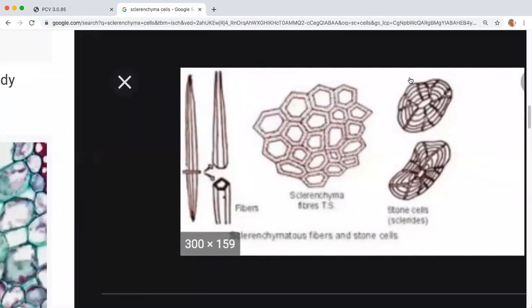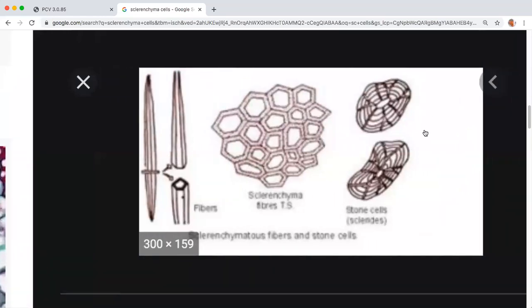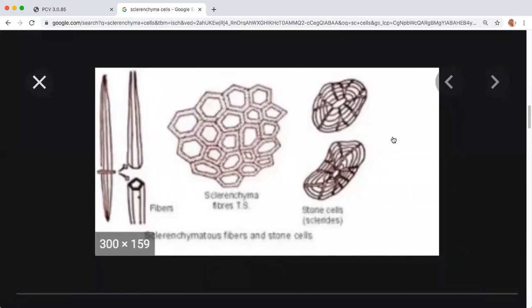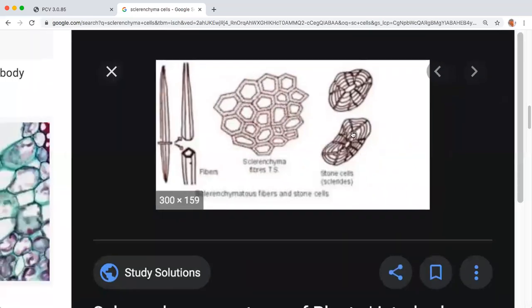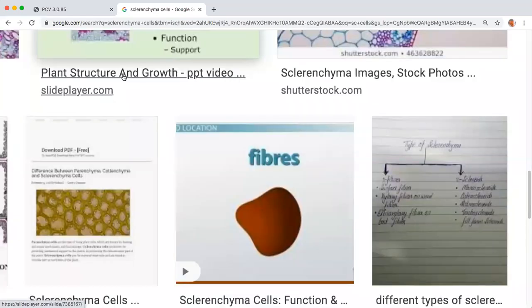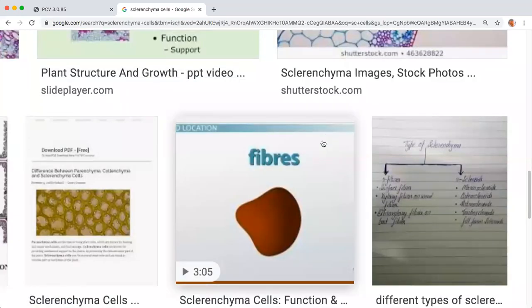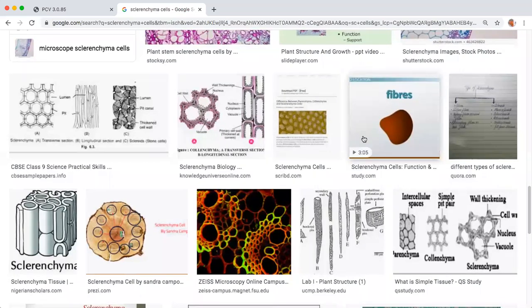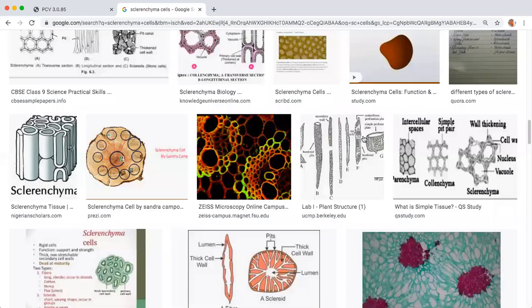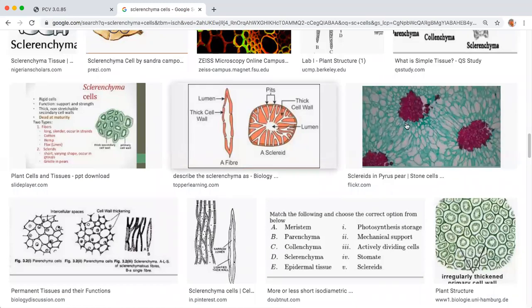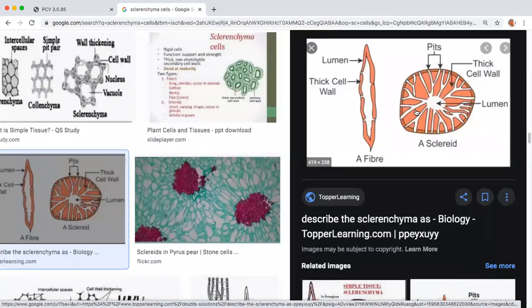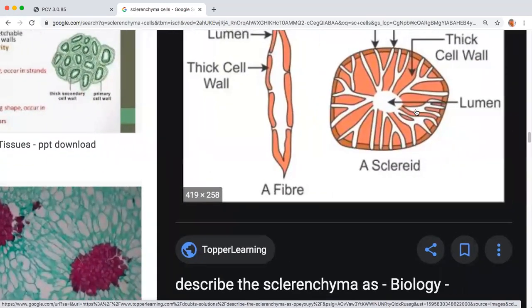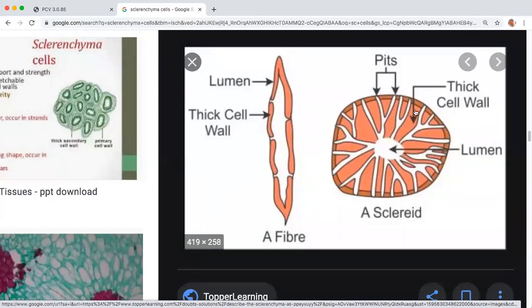This is how your sclerenchyma will look like. Allow it to load so that it will become clearer. Yeah, this one is a better picture. So your sclerenchyma will be looking like this.